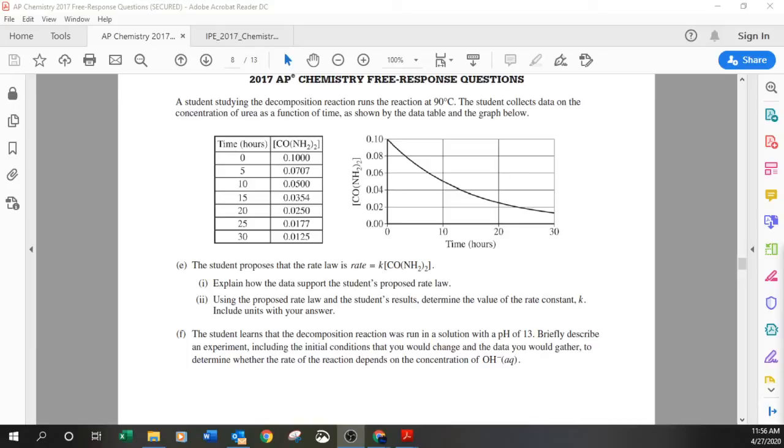Now you'd have to be careful with the units, because the rate of change in concentration is just molarity per time. Rate law, rate law, rate law. Okay, did that help? Sorry, I'm a little brain damaged.